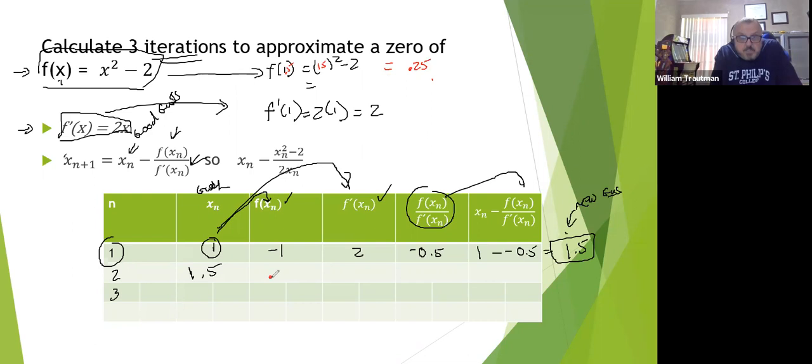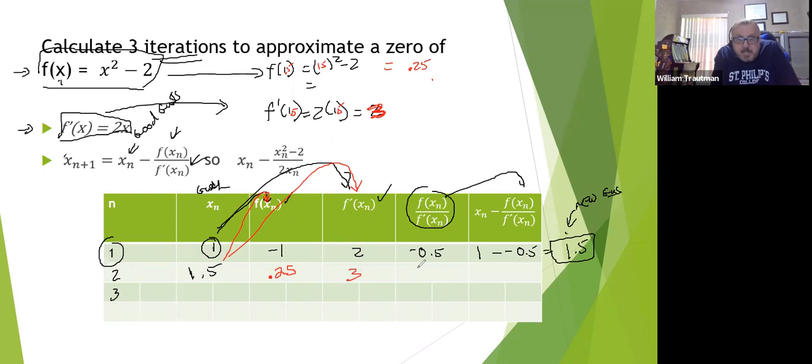So in the first function, I get 0.25. When I put 1.5 into the derivative, I get 3. You see, now I'm putting 1.5 into the function, and 1.5 into the derivative, and I get 3.